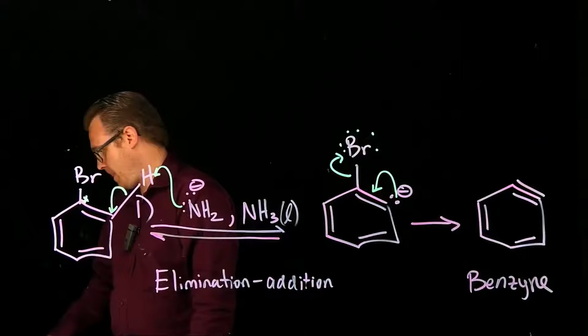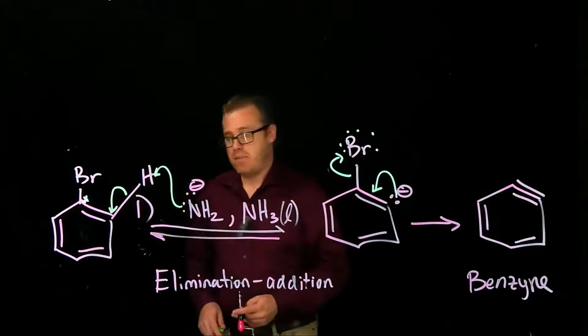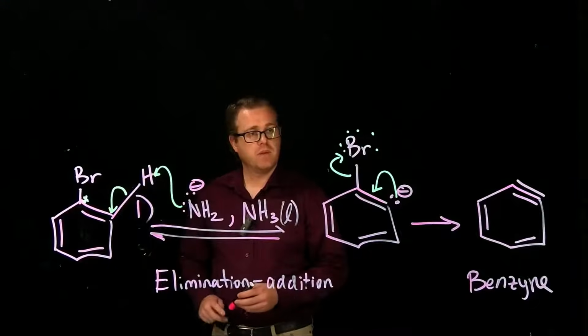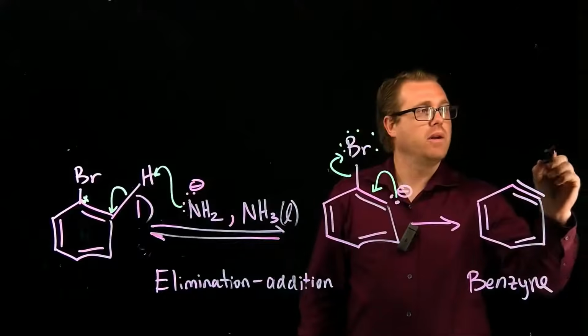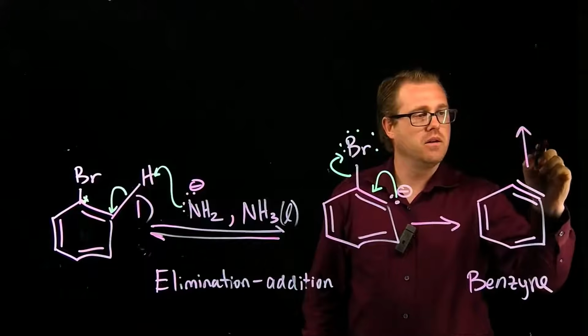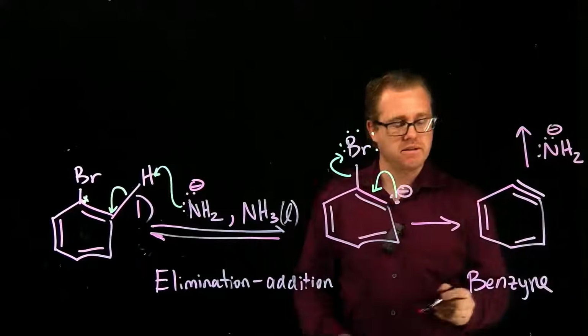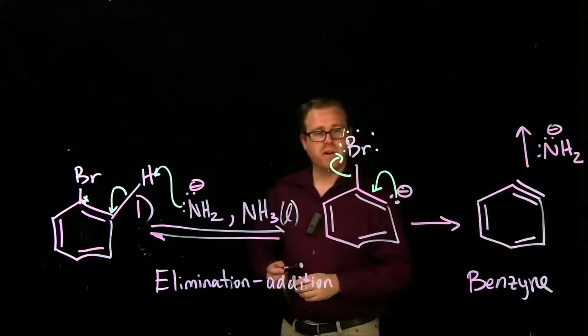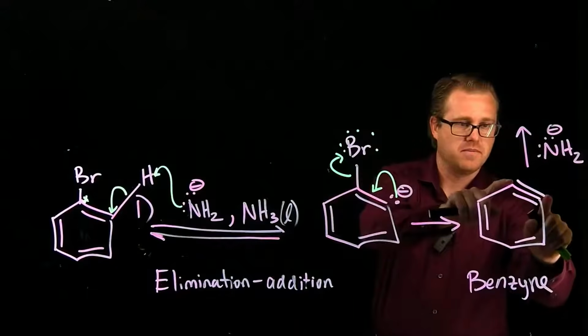All right. Now with that benzyne intermediate, what's going to happen is we are going to have more of that species present, and that's going to attack one of these carbons.